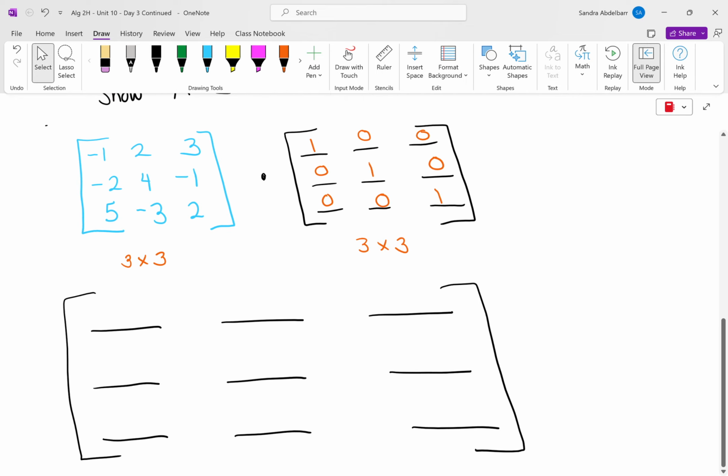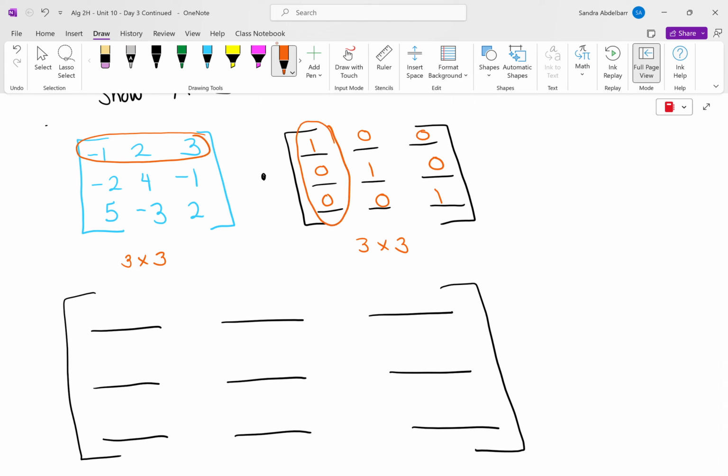So now we go ahead and we multiply. So I'm going to take my first row times my first column, and that's going to be my first element. So -1 times 1 is -1, 2 times 0 is 0, 3 times 0 is 0.